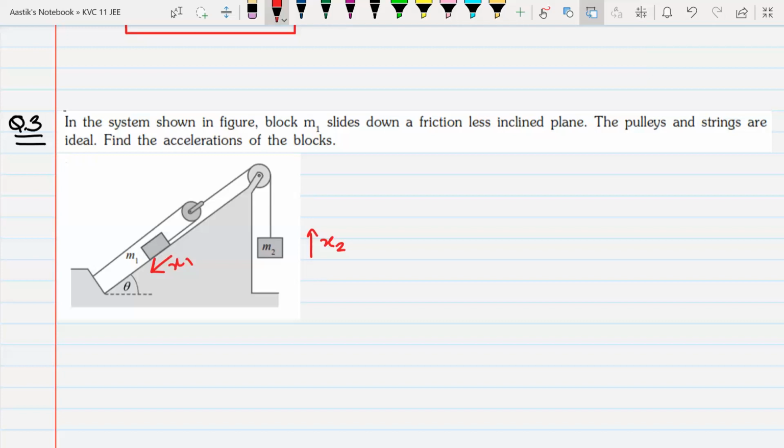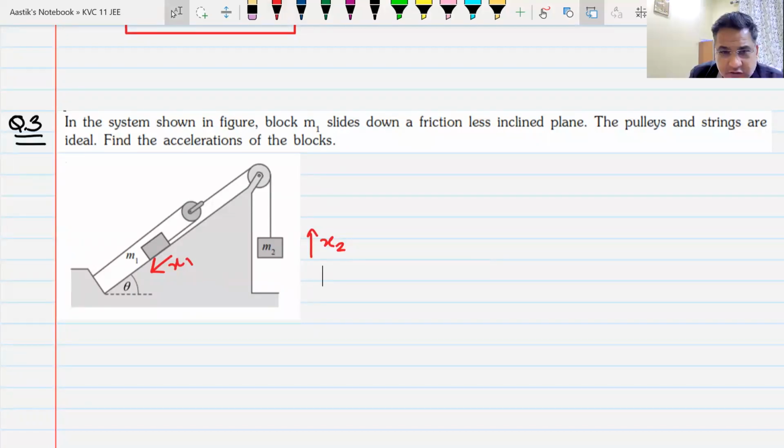What, sir? 2x1 is equal to x2. Yes, 2x1 is equal to x2. You got the wrong constraint, beta.